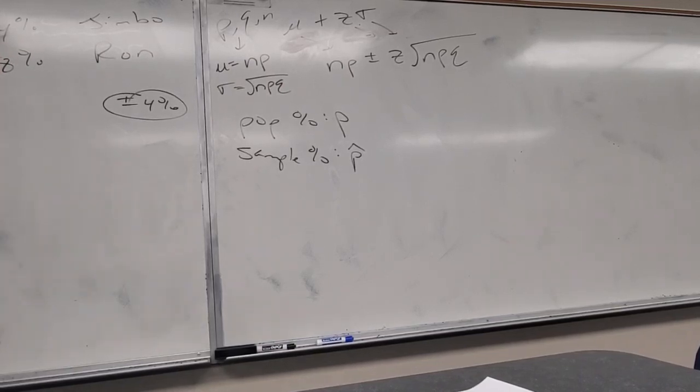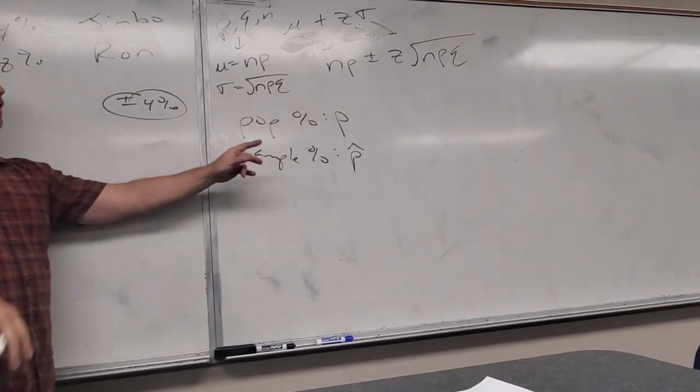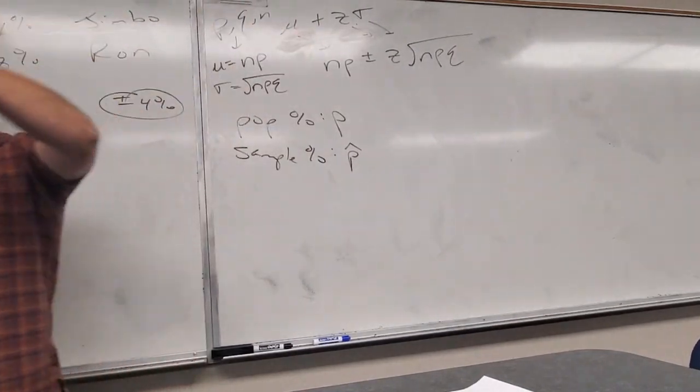Just like X, you put a bar on it, and suddenly sample mean sounds good. But now I put a little hat on top of the P. It's just a symbol, right? If I know P hat, how do you think I find Q hat?